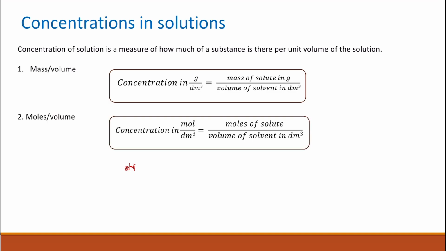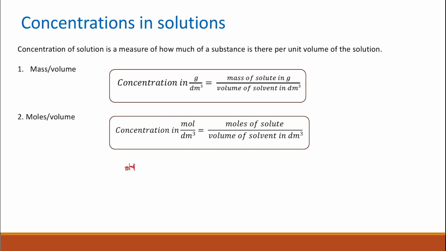The second one is the moles per volume, which is a measure of how many moles of solute in 1 decimeter cubed of the solution. To calculate the moles per volume, you simply divide the number of moles of solute by the volume of the solvent in decimeter cubed.